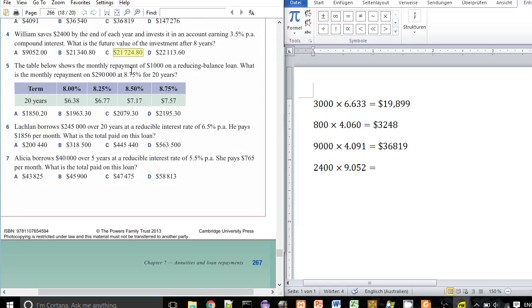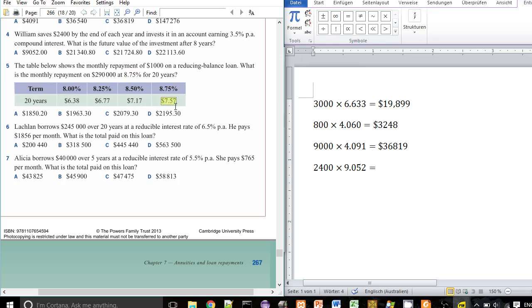Okay, let's keep going. Now we get another table. This one's telling you what the monthly repayment would be. On a reducing balance loan, what is the monthly repayment? If it's that much money, 8.75% for 20 years. There's only one row.